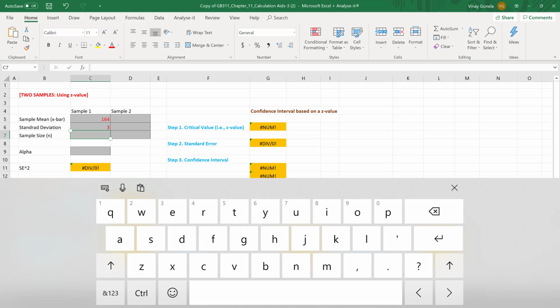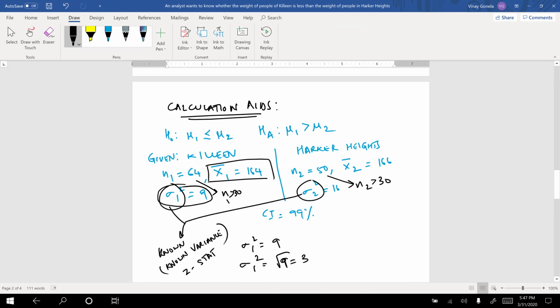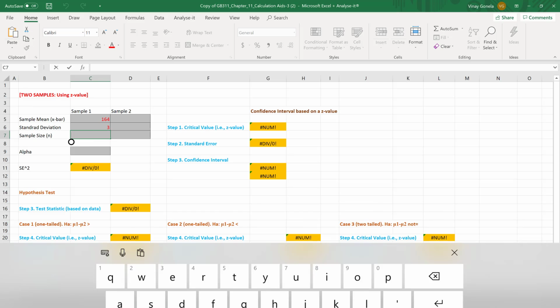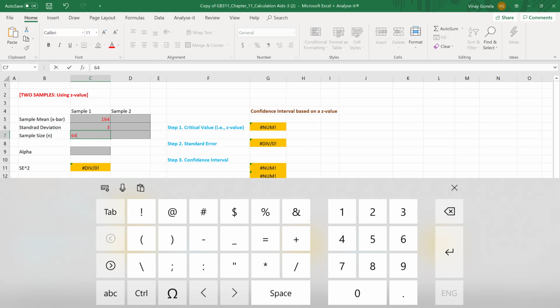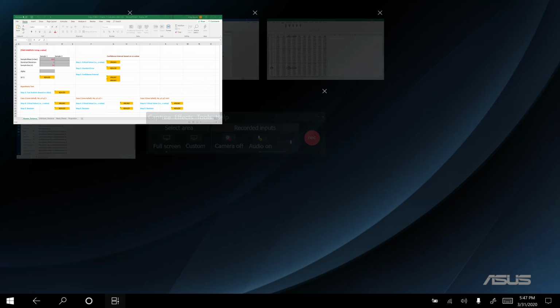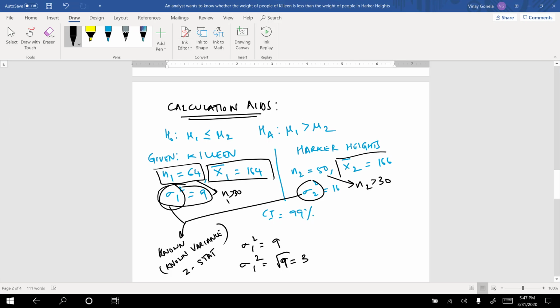And then the sample size is given as 64, so I will type in 64. And then I will go to sample 2. The mean, I'm looking for the sample mean, that is 166.